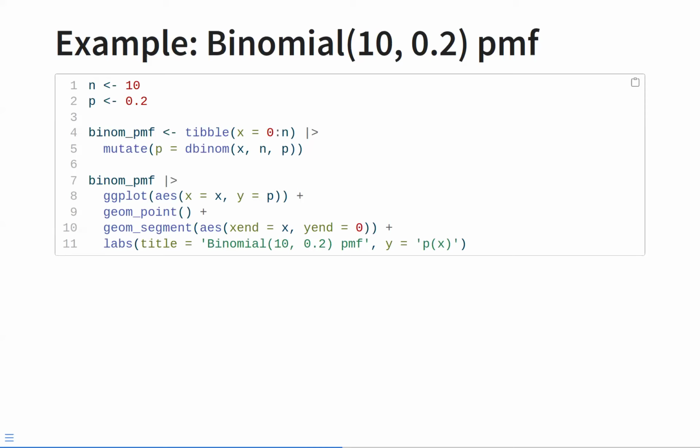But then, because it's traditional to include a vertical line segment connecting the horizontal axis to those points when you're depicting a discrete random variable, I'm going to use a command that I don't believe we've met before in our examination of ggplot. It's called geom_segment. What you can see it's doing here is specifying the endpoints of a line segment.